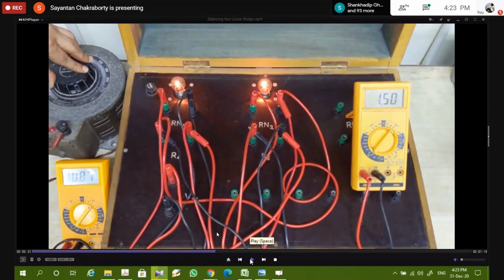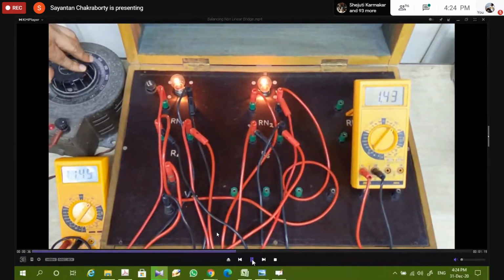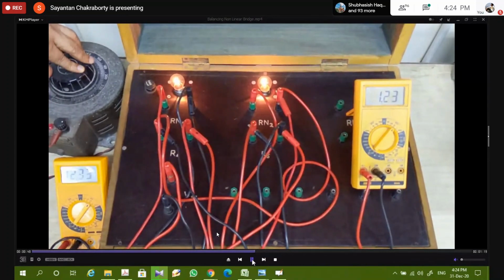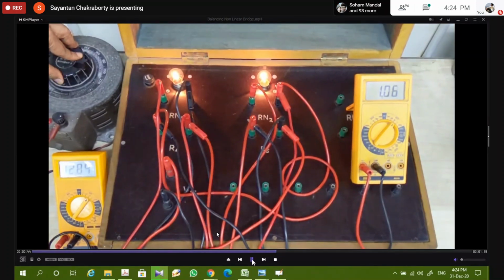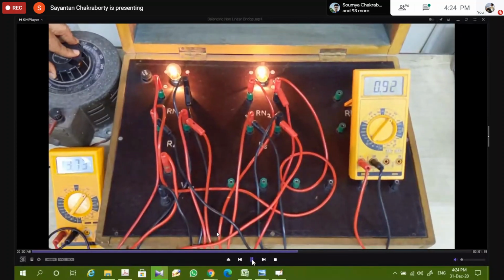It's now 10.787 is the input, and the output has come down to 1.50. 11.5, still the output voltage is going down. That is, the bridge is nearing a somewhat balanced condition. Let us see. It is the 13th input.